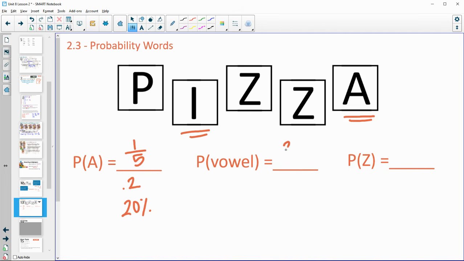So we have 2 options up there out of 5 that would be considered vowels. And 2 out of 5 as a decimal is 0.4 or 40%. Probability of a Z, there are 2 Z's out of our 5, so 2 out of 5. So again, a 0.4 chance or 40%.